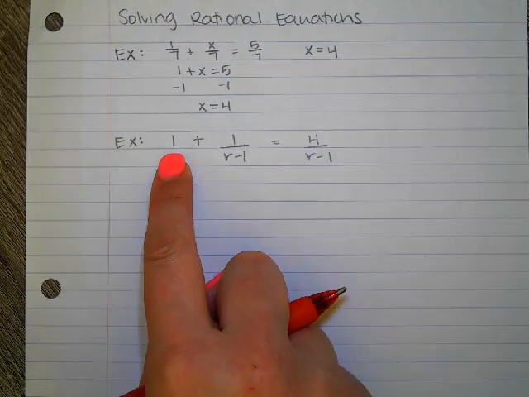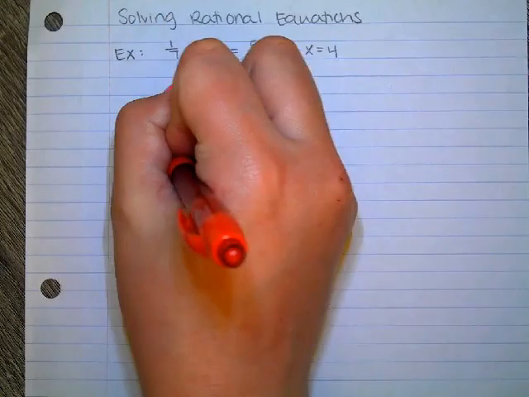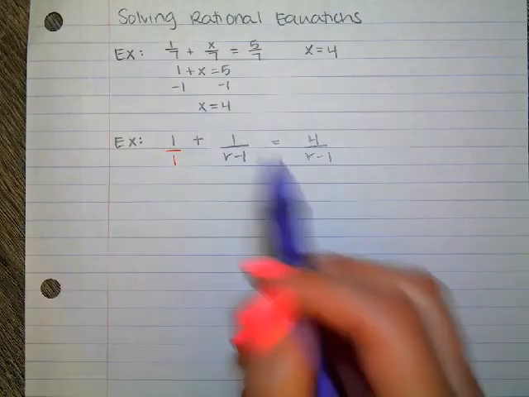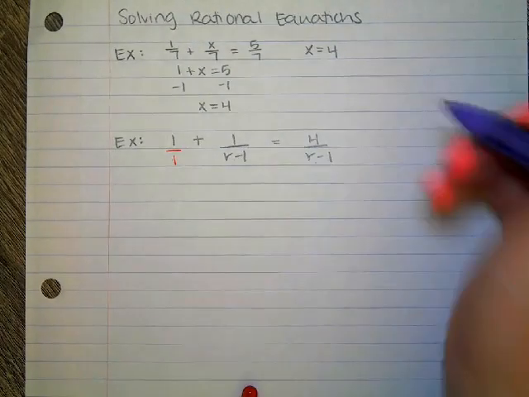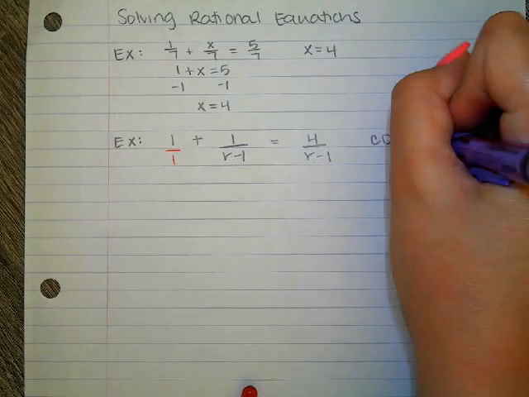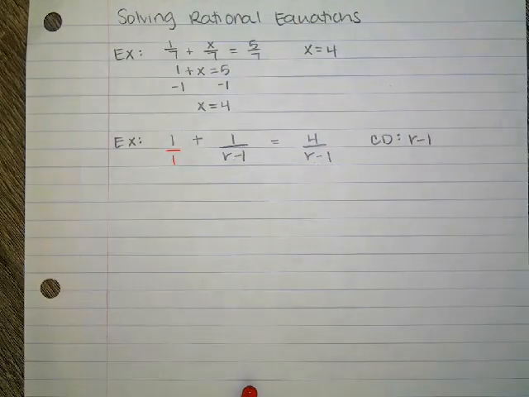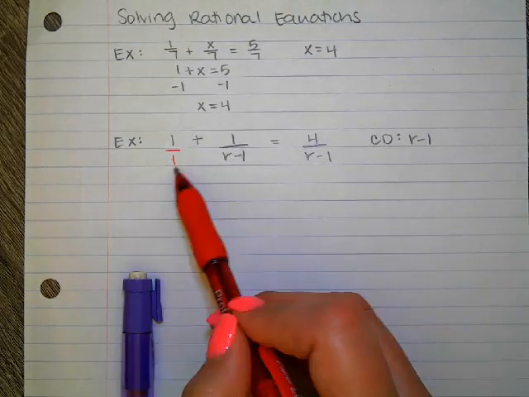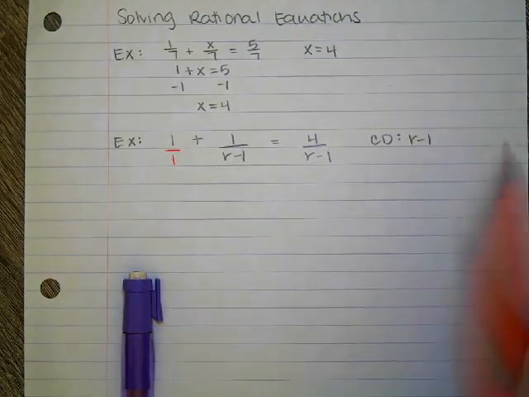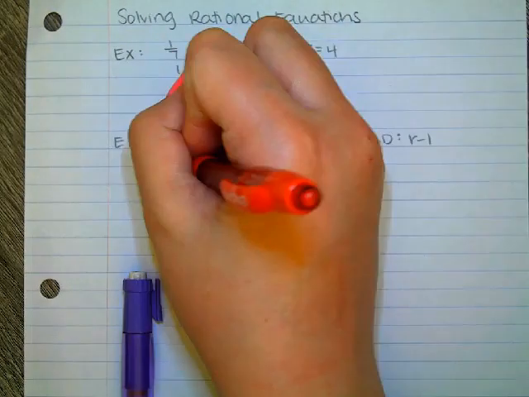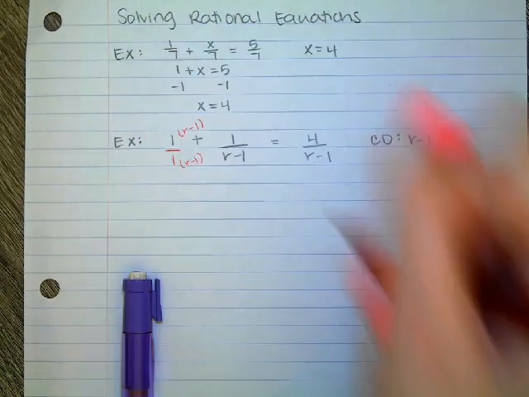So I'm going to write that as a fraction to start with. I'm going to put it over 1. Between all three of these terms, the common denominator is going to be r minus 1, which means that if I want that first fraction to have the common denominator, I'm going to multiply it by r minus 1 on the top and r minus 1 on the bottom.